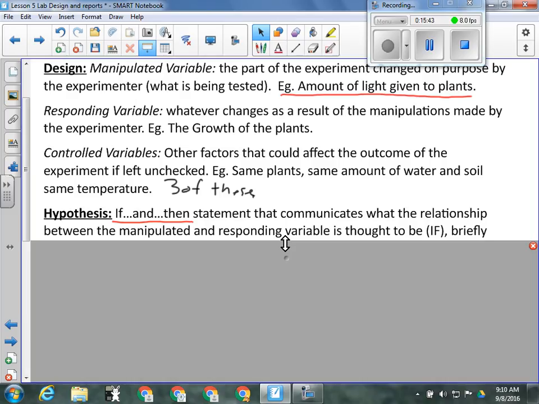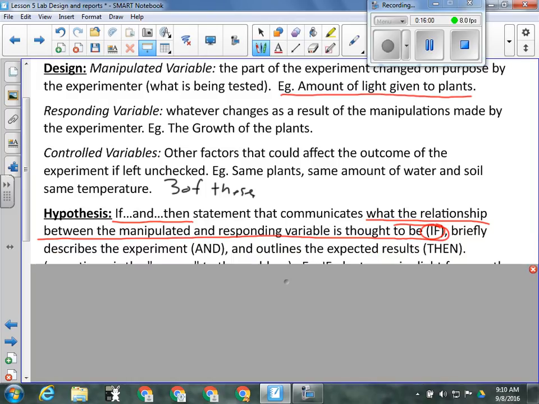So the if part is kind of this part here. What the relationship between the manipulated and responding variable is thought to be is the if part. Briefly describing the experiment is the and part.